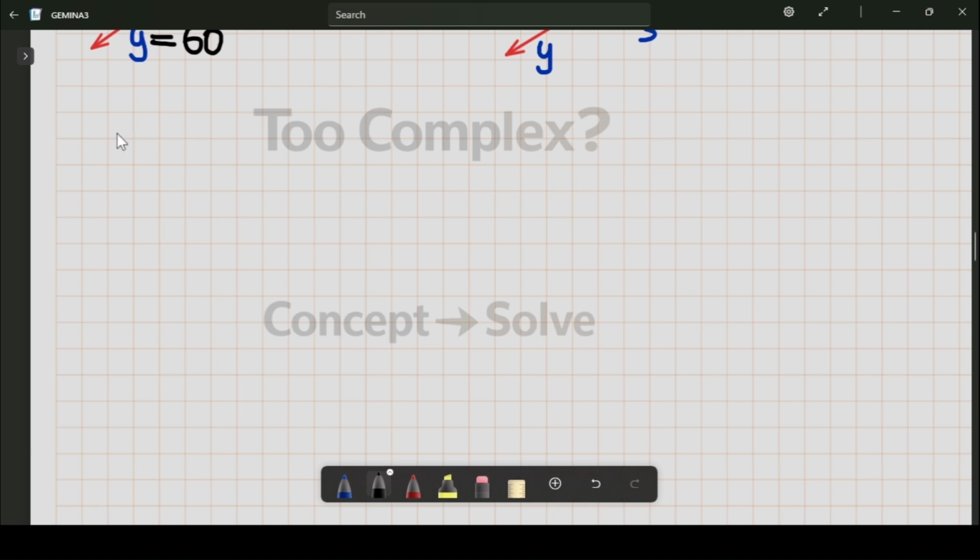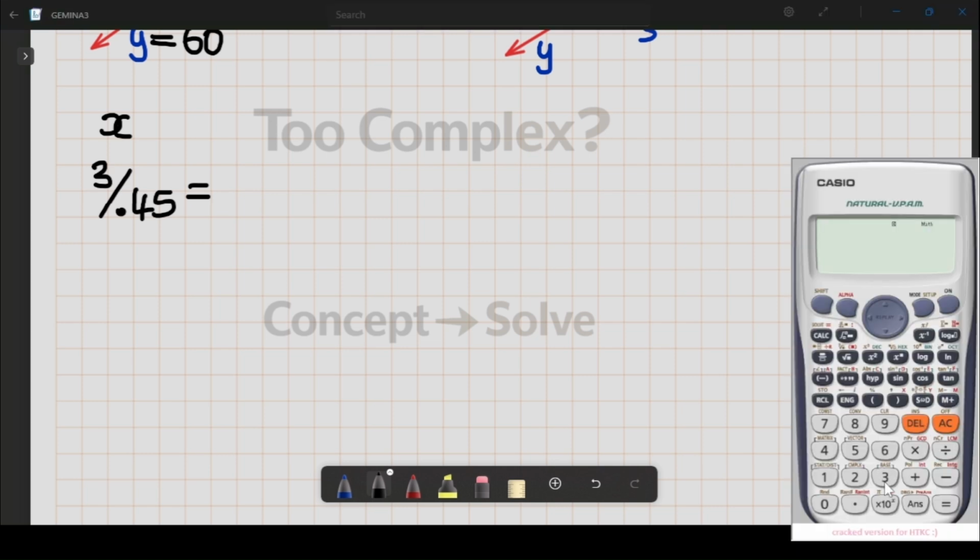So starting with X, we'll have 3 divided by 0.45. We've already done the conversion. This gives us, so we can fit about 6 joints.